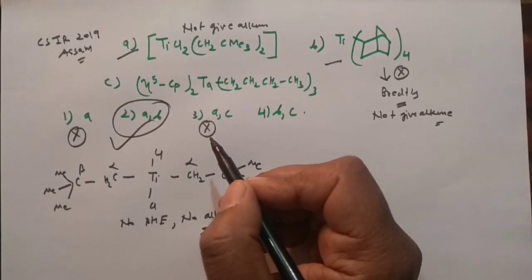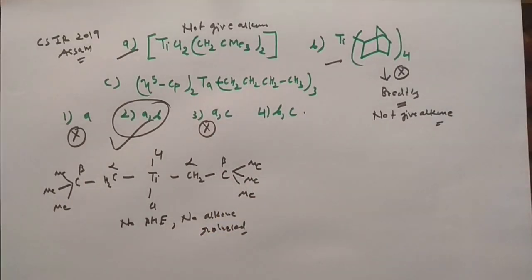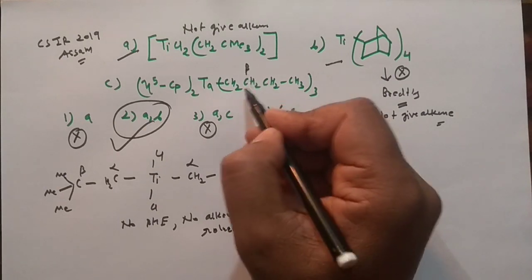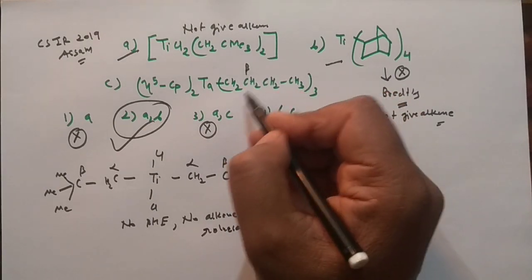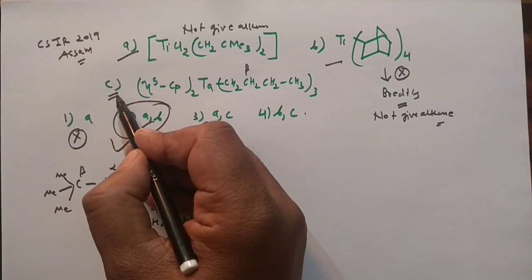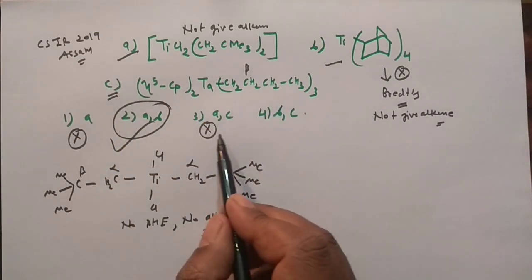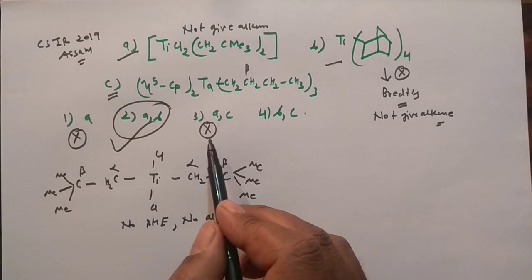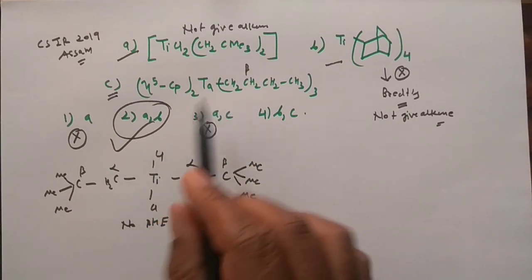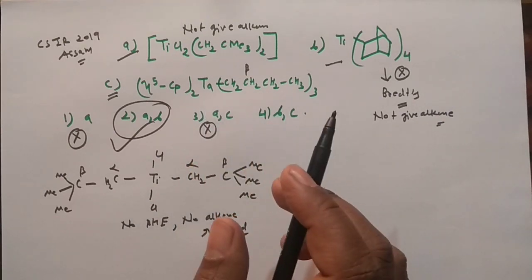A and C, let me check what is happening here. Okay, no problem. It has the beta hydrogen, alpha and beta. So it will undergo beta hydride elimination reaction and it will give alkene as the byproduct, right? So your correct option is this one, because they have asked which will not produce alkene as the byproduct. So A and B is your answer, while C will produce. Okay, so this is how you can solve.